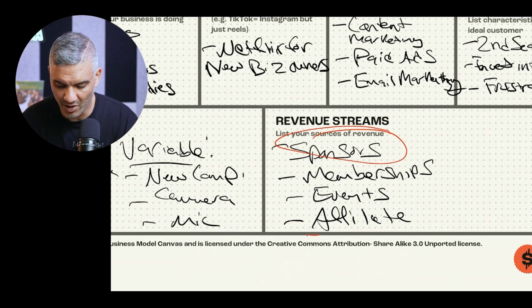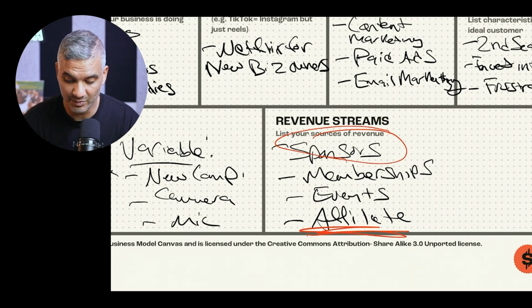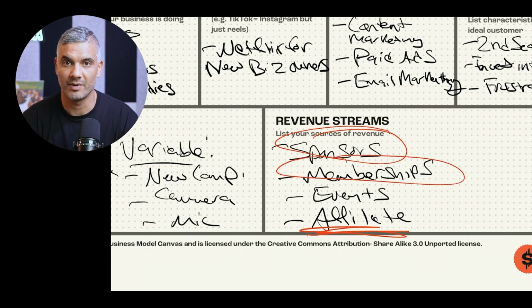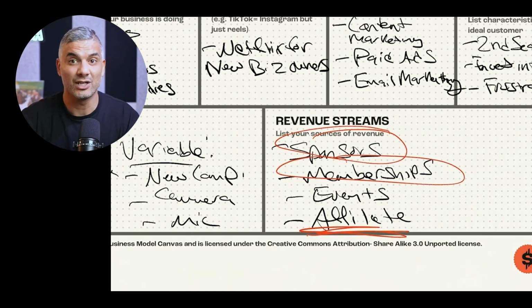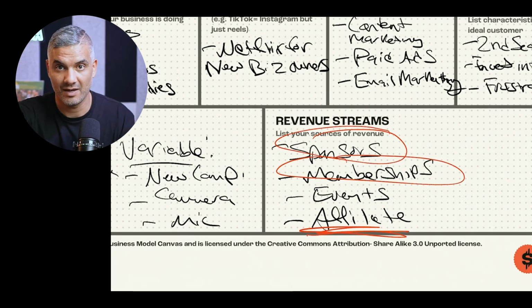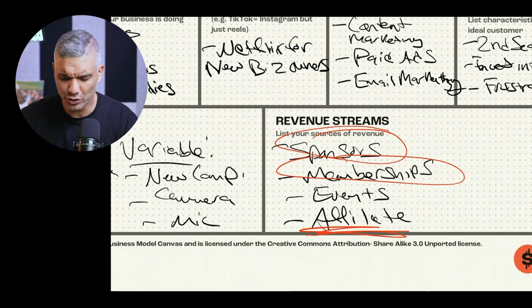So maybe affiliate marketing is not going to be as strong as sponsorships. And then we realized our memberships are growing because people love our content, and memberships become a stronger part of the puzzle. So you will find out the percentage of how much money you're going to make from each of these later on. But right now, just write down what are the possible revenue streams where you can make money in your business.